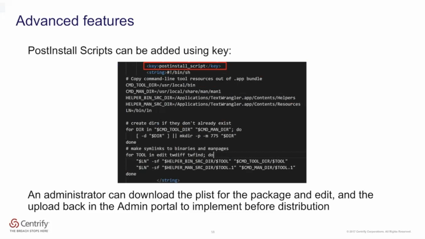In this example, I've used the same script for both post and pre-install. And again, the administrator would make the changes to the XML file, and from there they'll go back to the application and import the pkginfo file.